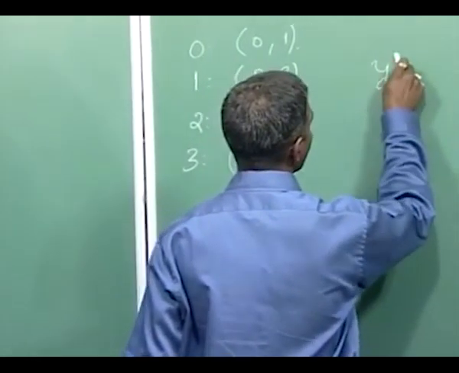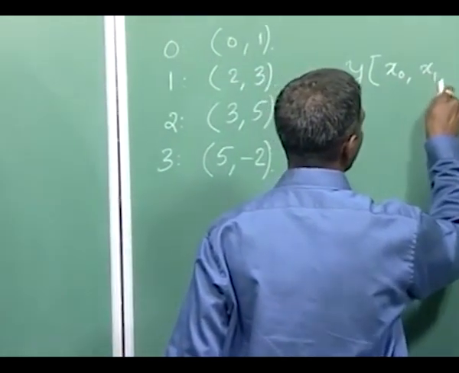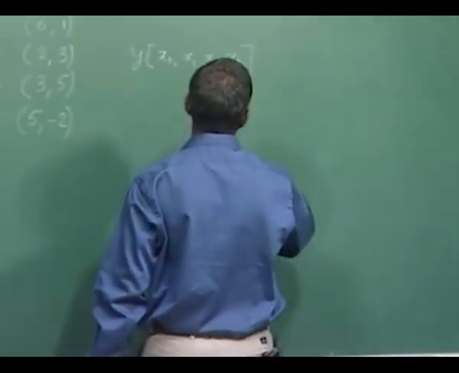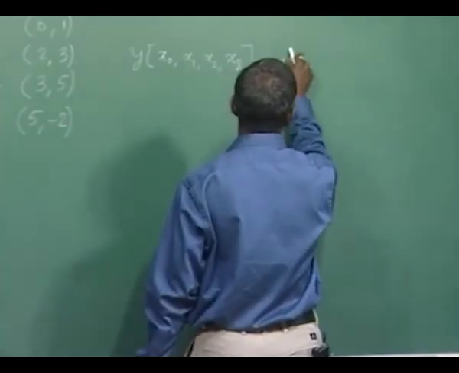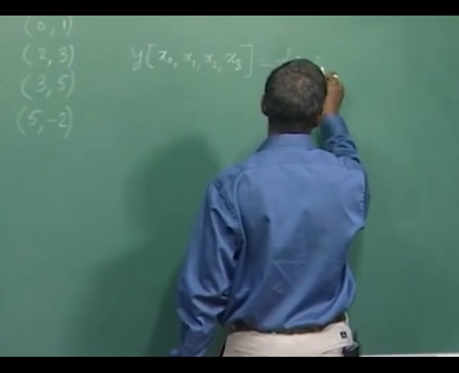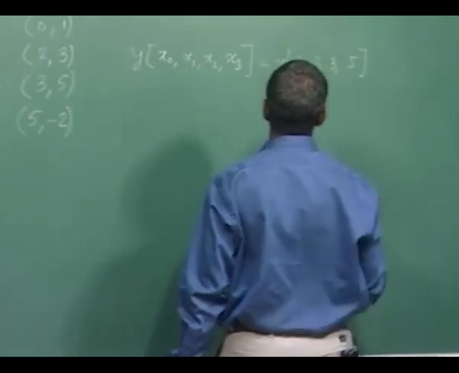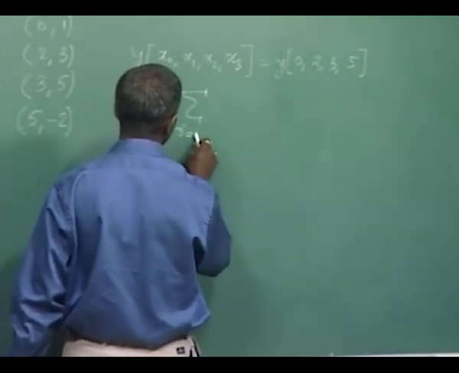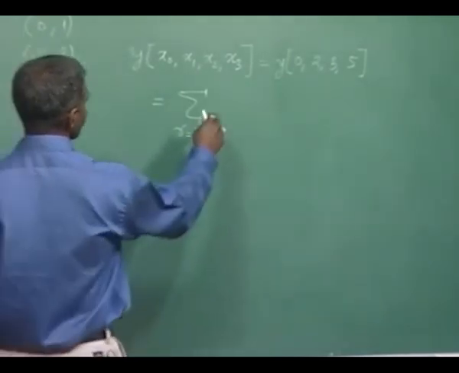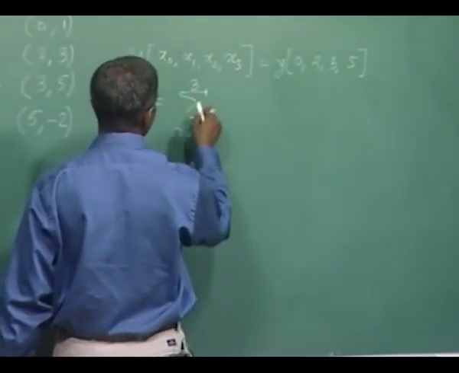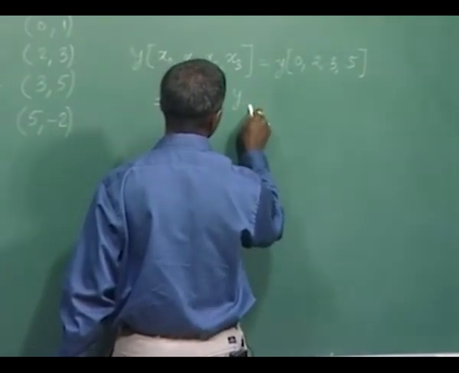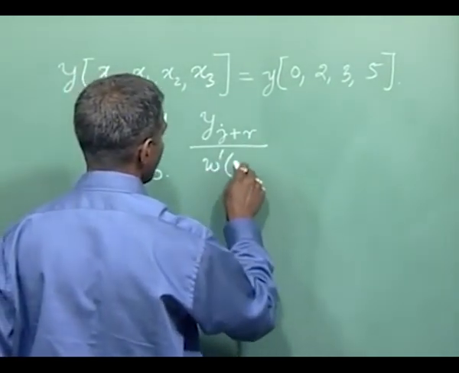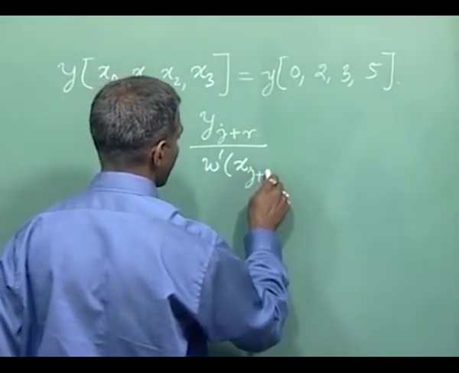So y of x0, x1, x2, and x3, y of 0, 2, 3, 5 is equal to summation, the index r going from 0 to 3, y sub j plus r over w prime x j plus r.